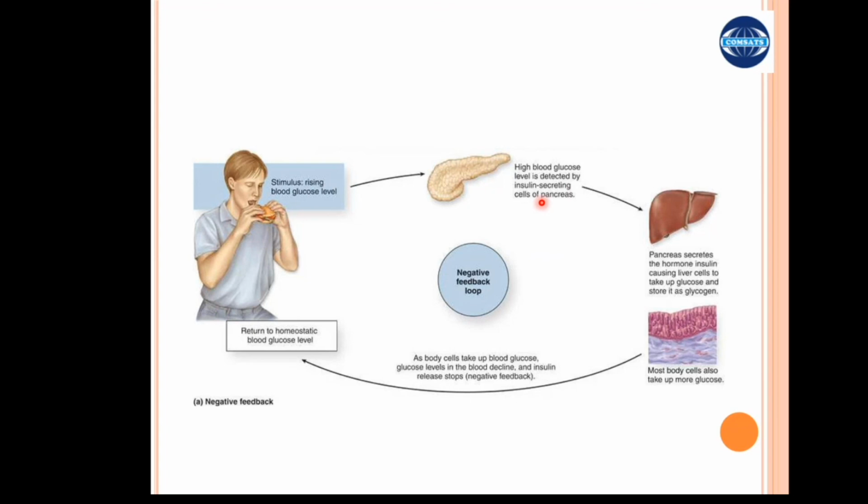These cells detect the blood sugar levels and send a command to the liver, right? So the liver starts storing more of this glucose within its cells, and then the body's sugar level becomes normal, right? And vice versa. So this is an example of blood sugar level maintenance.